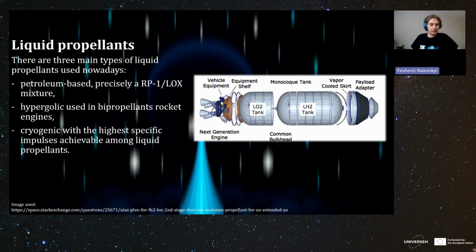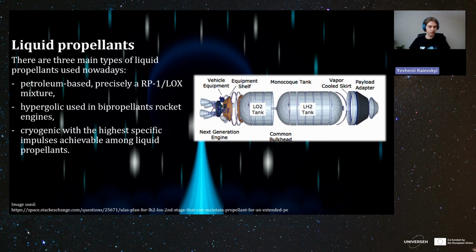And you see this cryogenic and hypergolic. Hypergolic used in bipropellant rockets. The bipropellant rockets are rockets where it's enough to combine two propellants. Even without an igniter, they start the burning reaction.